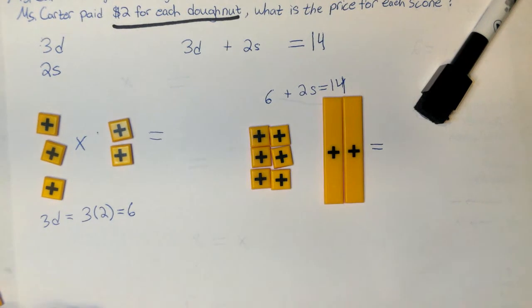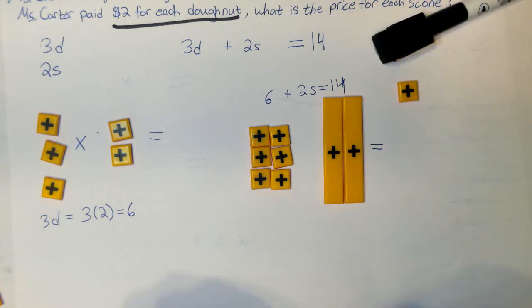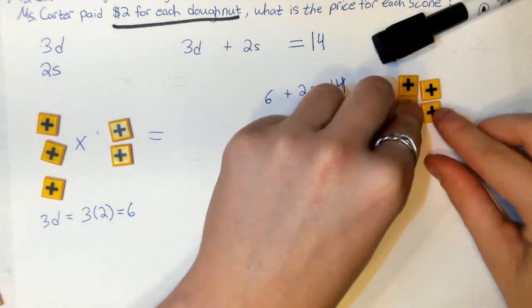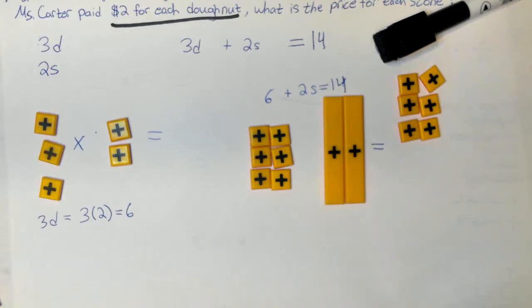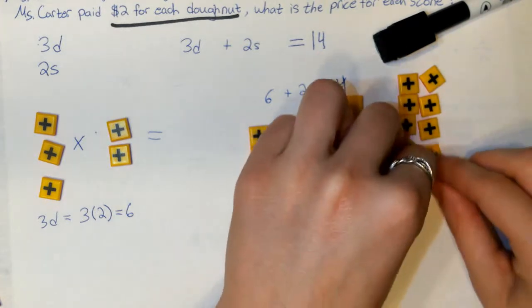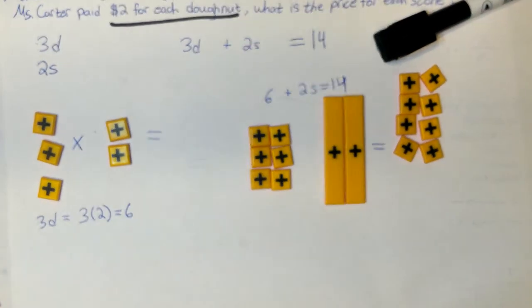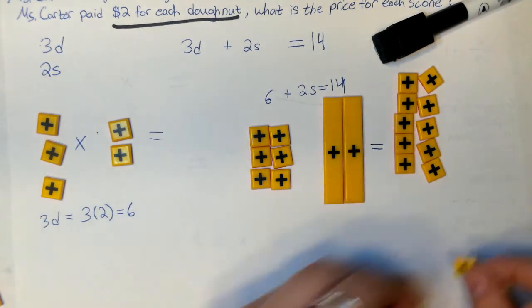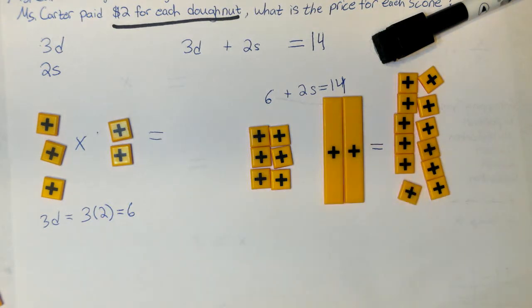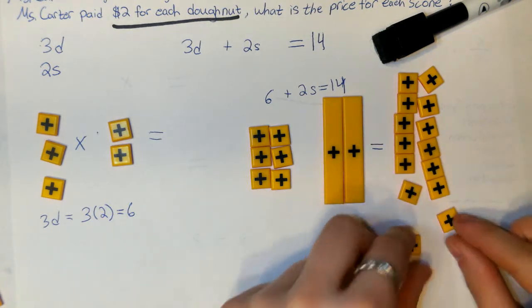So this is a positive 14, so we're going to have 14 small pieces. 1, 2, 3, 4, 5, 6, 7, 8, 9, 10, 11, 12, 13, 14.